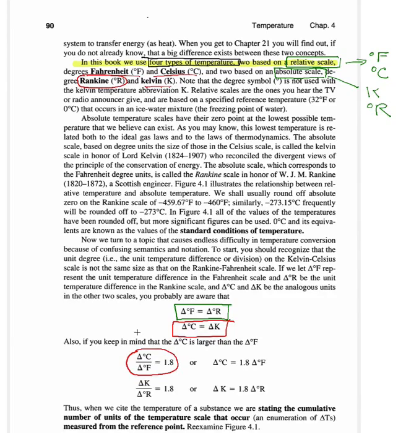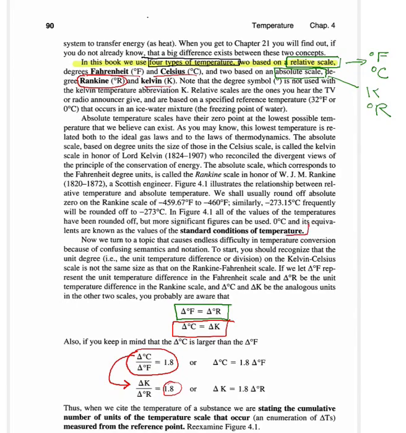It's also the same thing as a change of 1 degree Celsius being equal to 1.8 degrees Rankine. Because a change in degree Celsius is the same as a change in degree Kelvin, and 1 degree Kelvin is equal to 1.8 degrees Rankine. Also, a change in degree Fahrenheit is the same as a degree Rankine. So I think you're getting the picture here.